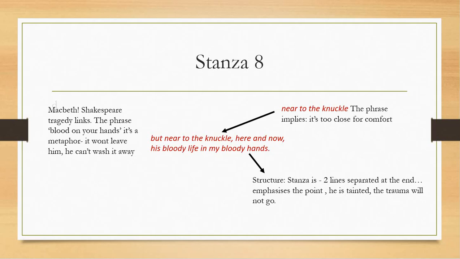In other words, the deed is so horrendous, it doesn't matter what you do, this is going to stay with me forever. And that is what Simon Armitage is saying here in the poem. So he is tainted with the trauma, it will not go away, and that is the metaphor of the blood on the hands.